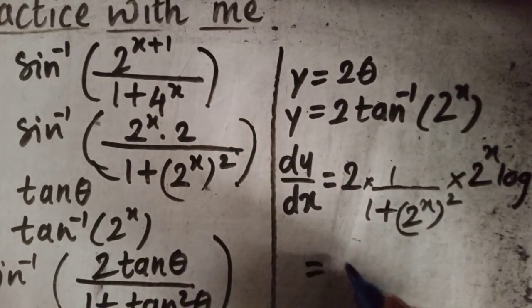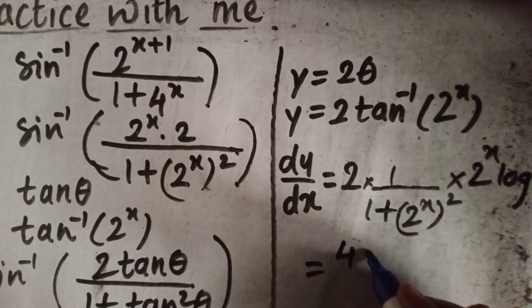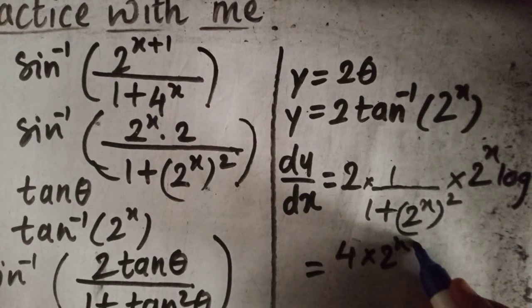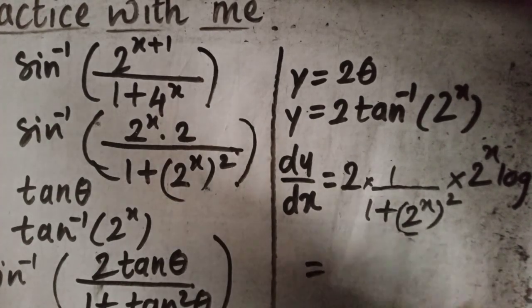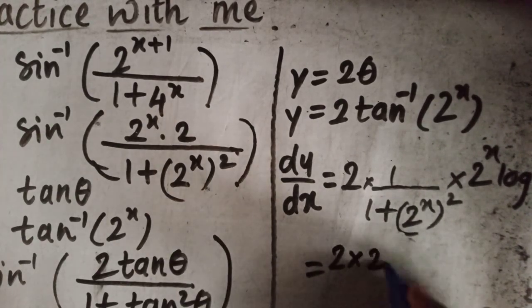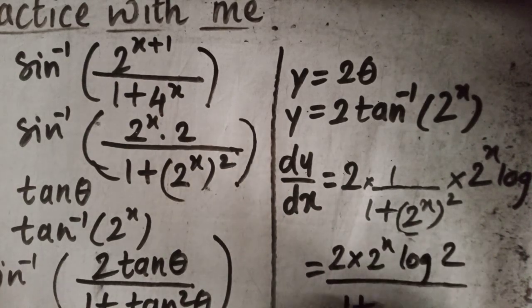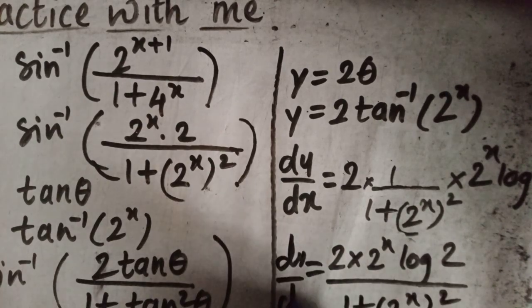Okay, so this will be, not 4, it's 2 into 2 raised to x log of 2 upon 1 plus 2 raised to x whole square. This is your dy by dx.